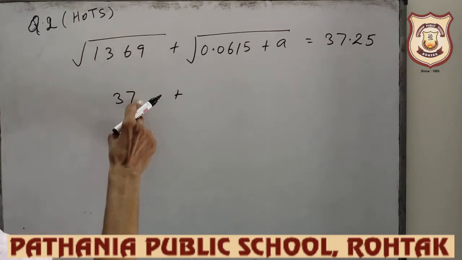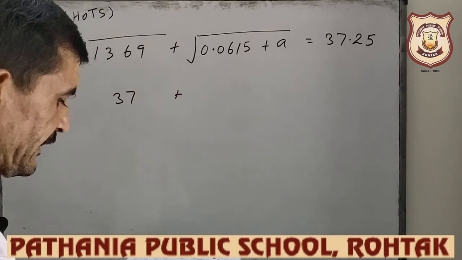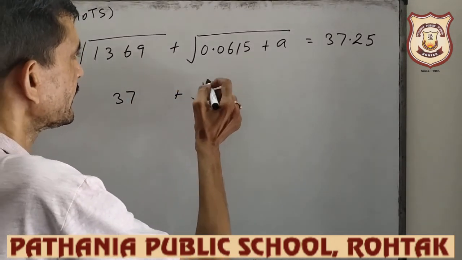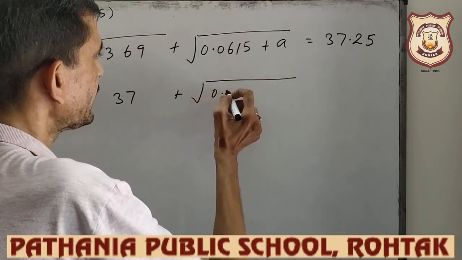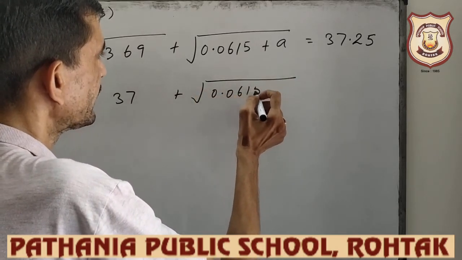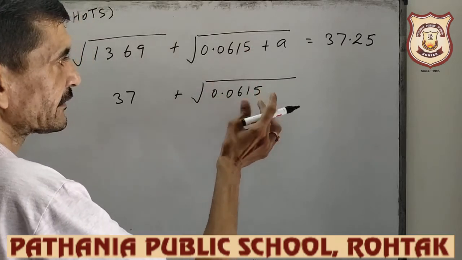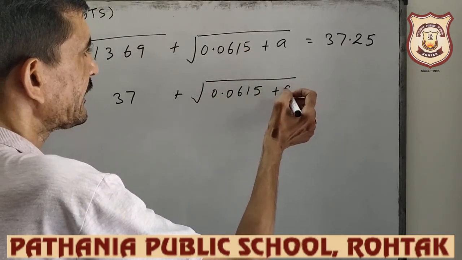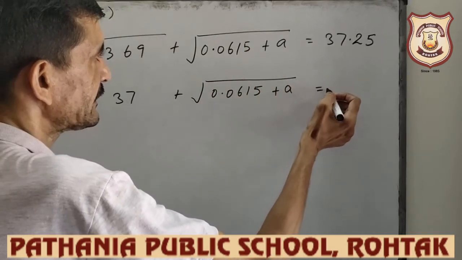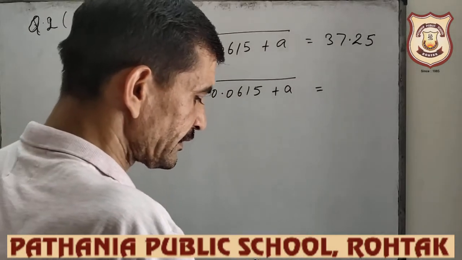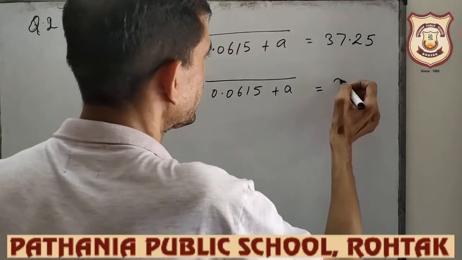I am writing here directly, and this is as it is, 0.0615. It is not a perfect square. That's why I can't write any number here. This is equal to 37.25.